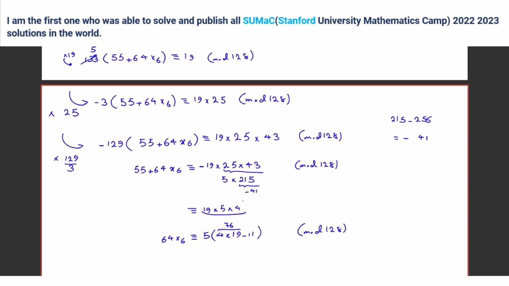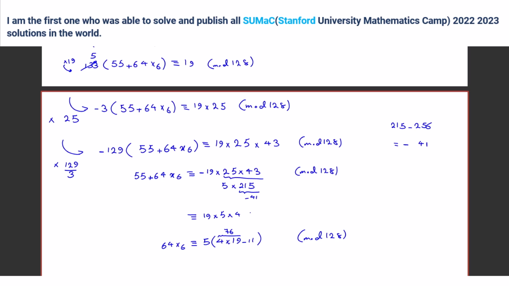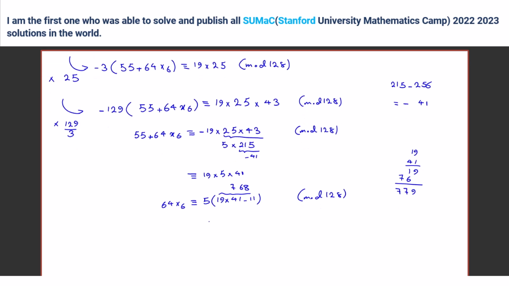Look, it is odd. Also, this one should be odd. This one is 41, not 4, right? Yeah. Okay, 41. 19 times 41 minus 11, right? Yes. 19 times 41 is what? 779. 779 minus 11 is what? 768, right? Yeah. And if you divide by 64, it is 5 times what?